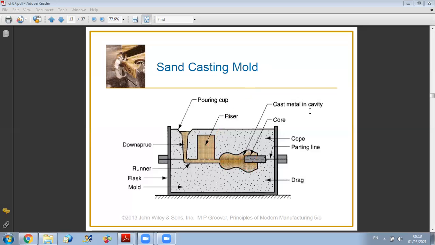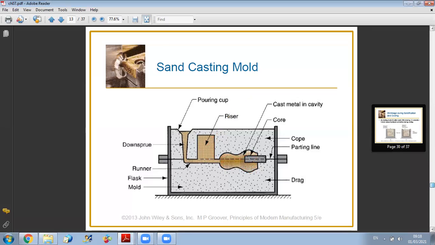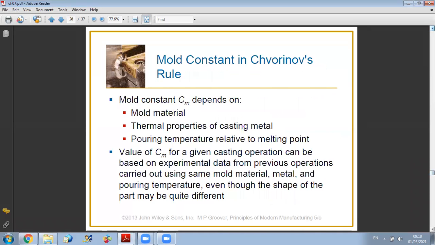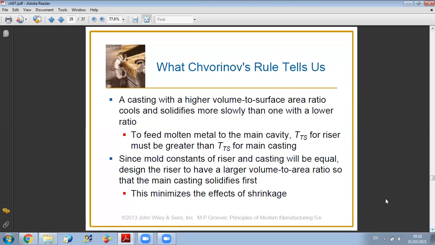So going back, as we said, to feed molten metal to the main cavity in a continuous way until the end of the process, the total solidification time for the riser must be greater than the total solidification time for the main cavity.